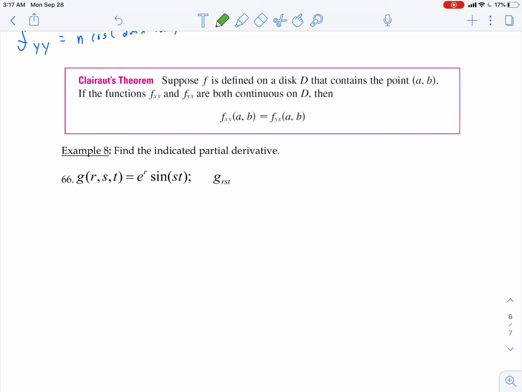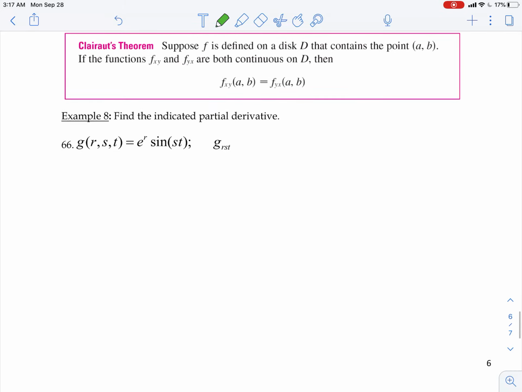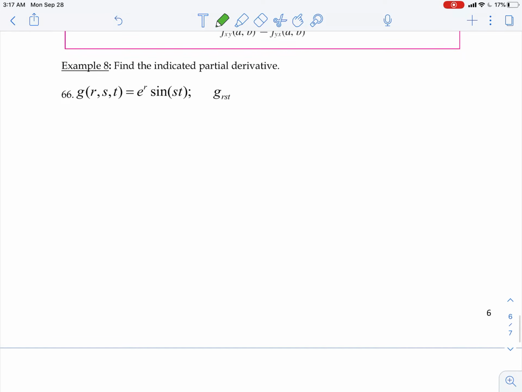Since this is written as g sub rst, the first partial derivative is g sub r. So taking the derivative of our function e to the r sine st, the derivative of e to the r is just e to the r sine of st. Really nothing changed there.